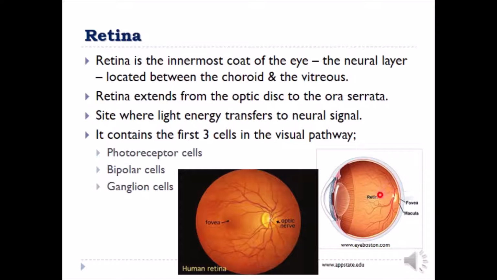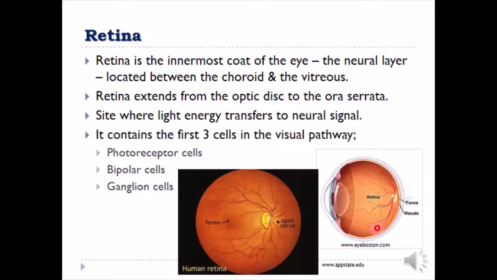The retina extends from the optic disc to the ora serrata.